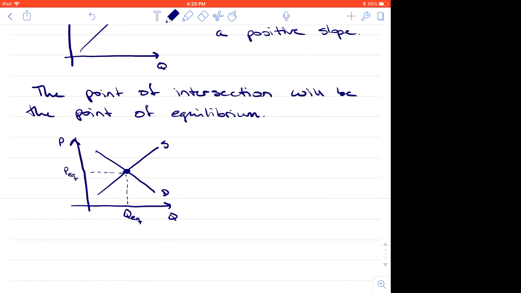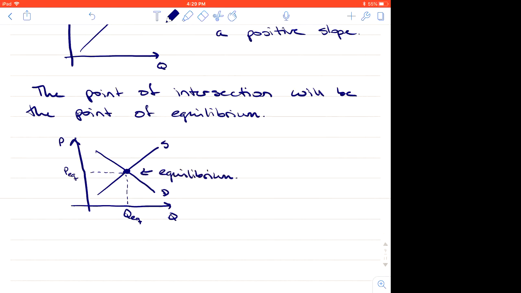That's the only place that everyone can agree. Everyone's happy. So this is equilibrium.